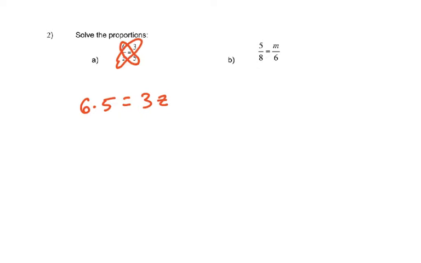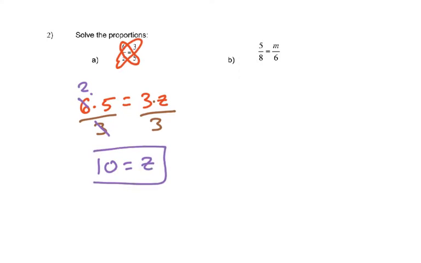I don't need to do that because the next step we usually say is cross multiply and divide, right? We've seen this scenario a lot. If I want to get z by itself, we're going to divide. So why wouldn't I multiply 6 times 5? Because it's a lot easier to put 3 into 6 and get 2 and just do 2 times 5, which is 10, and z is 10.